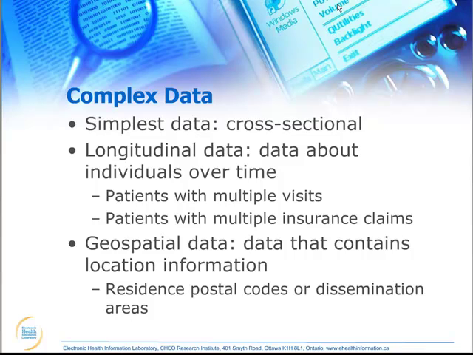Under some circumstances, it is possible to convert longitudinal data to cross-sectional data and analyze it. So this is something we've seen with cancer data sets and dates. In those cases, the date of diagnosis is taken as an anchor, and then all other dates are calculated relative to that anchor, and then the date of diagnosis is removed.